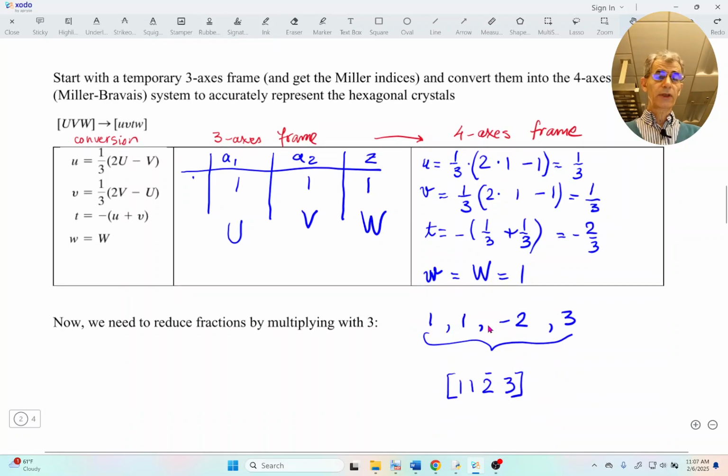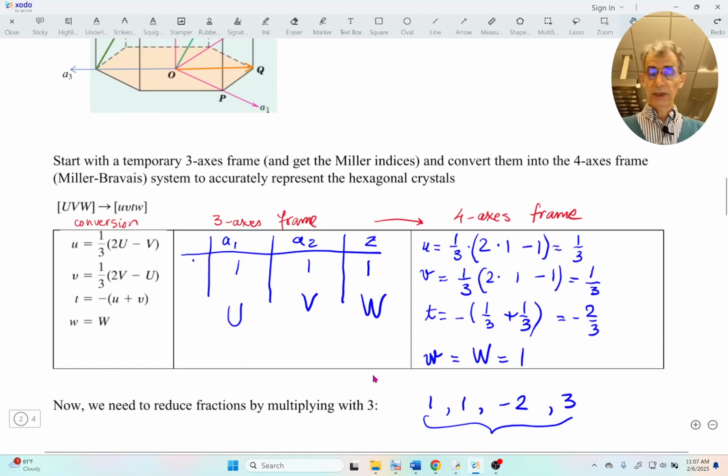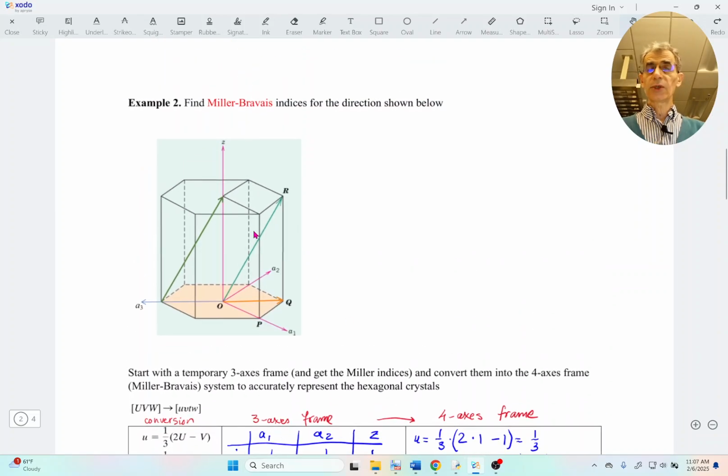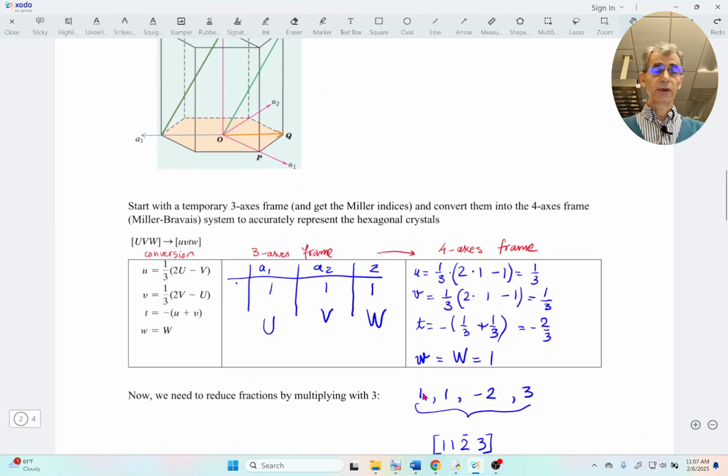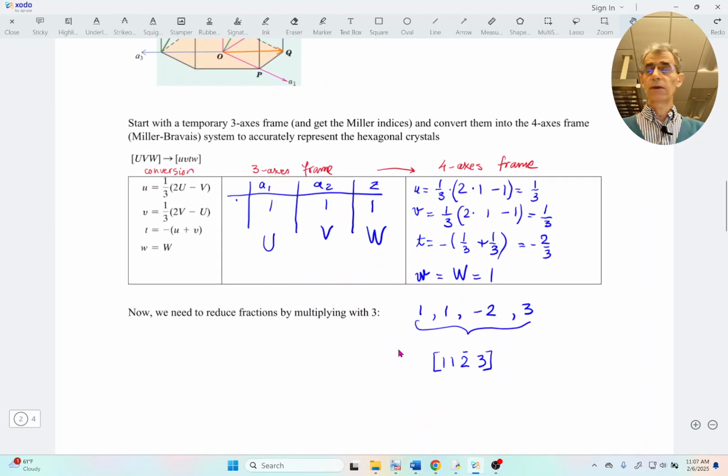So we drop the commas and put them in brackets, and the negative sign is a bar above the 2. And that's how we get the Miller-Bravais indices for this direction: [1 1 2-bar 3], that is, 1, 1, minus 2, and 3.